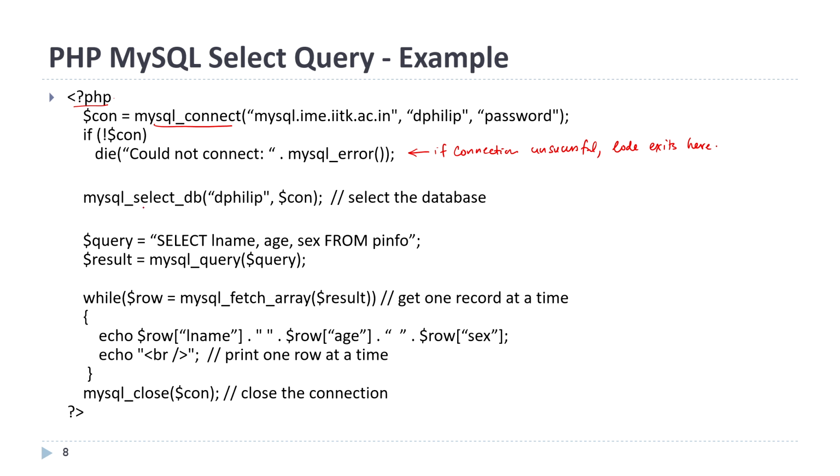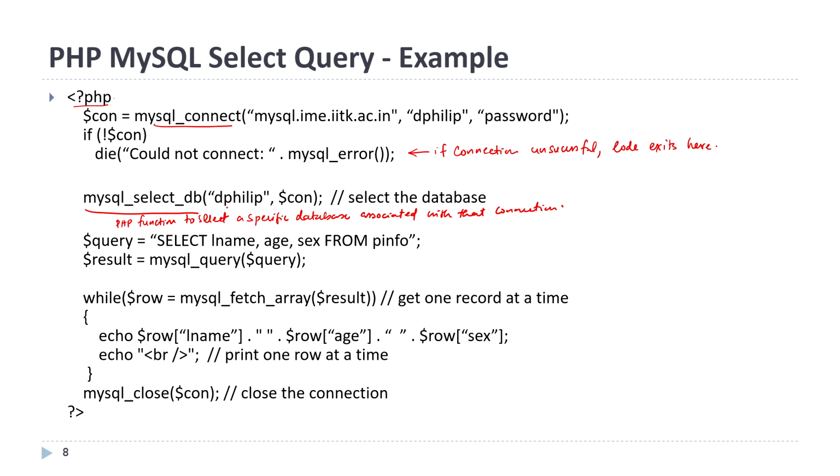So, I will say MySQL select DB, this is a PHP function to select a specific database associated with that connection. So, let us say in this particular database under the username dphilip and password, I have another database called dphilip.